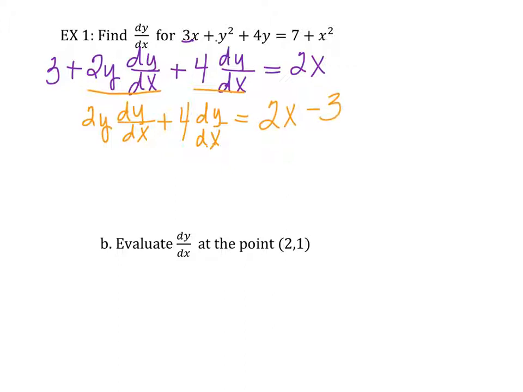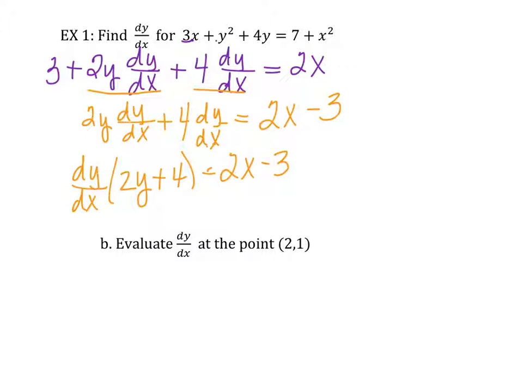The whole point of me keeping the dy/dx's on one side is now I can factor a dy/dx out and have (2y plus 4) equal to 2x minus 3. And then I can write my final answer.